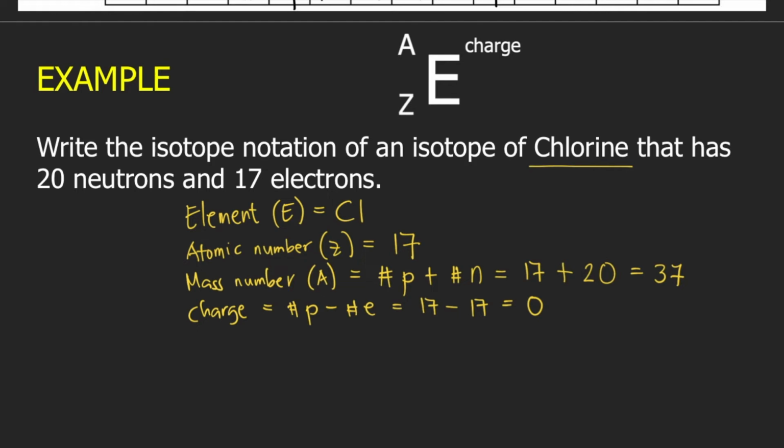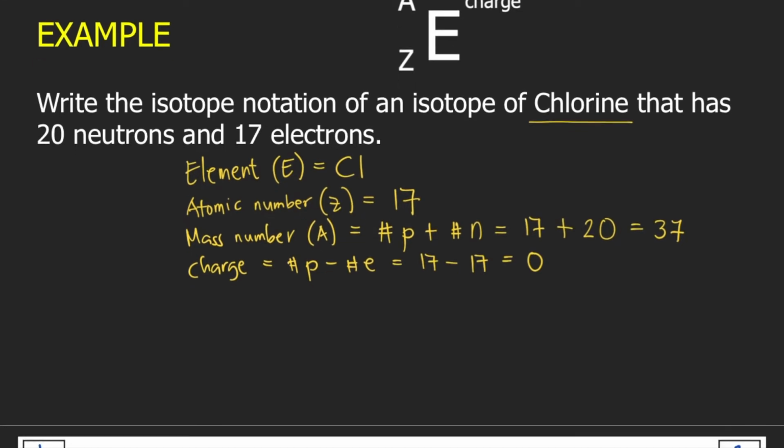Now let's write our isotope notation. Let me just change the color of the pen. Our element is chlorine, so E is Cl. The atomic number Z is 17, so you put here 17. The mass number A is 37, so you put here 37.